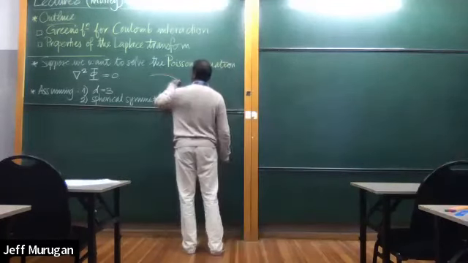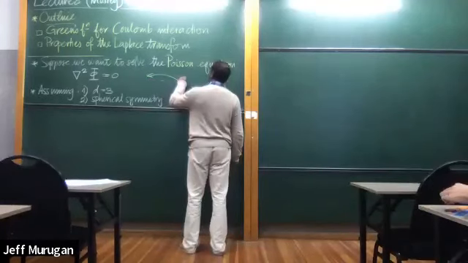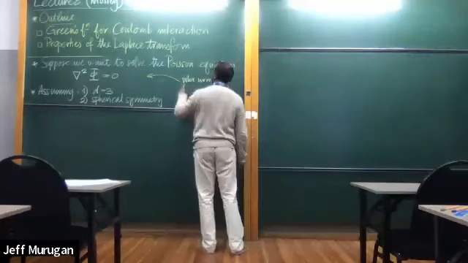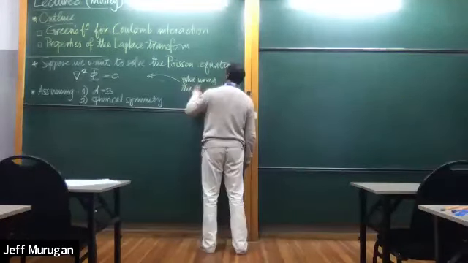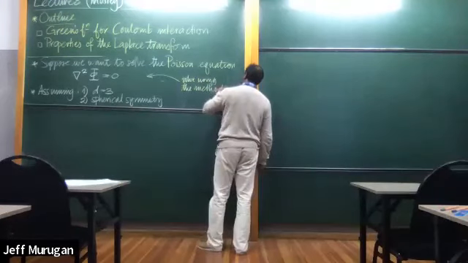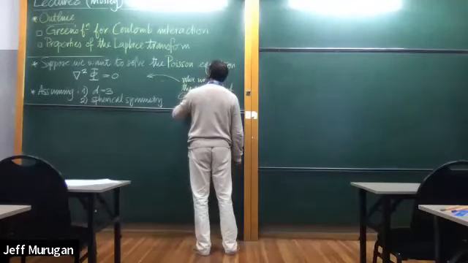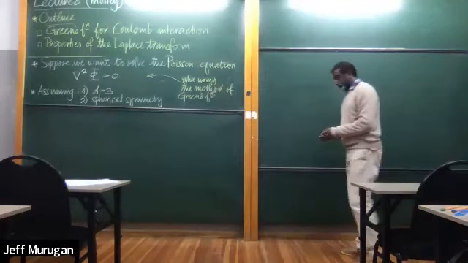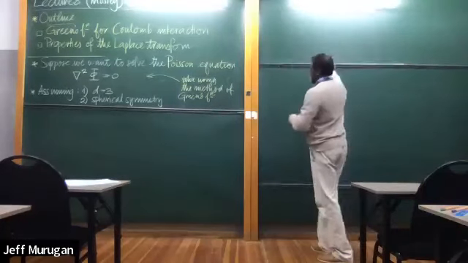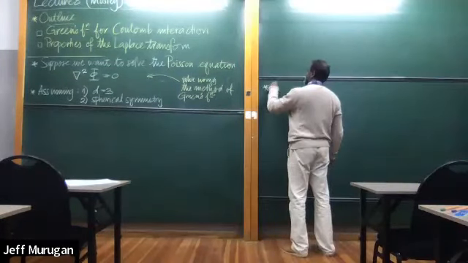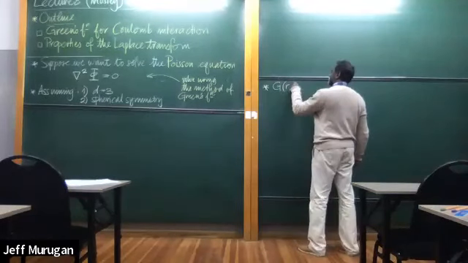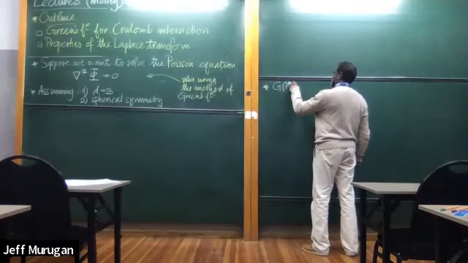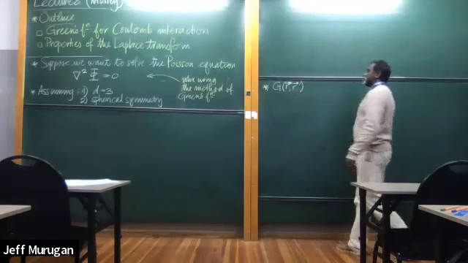So we would like to solve this equation using the associated Green's function. Let's call it G. G will be a function of r and r prime, so position vectors r and r prime.